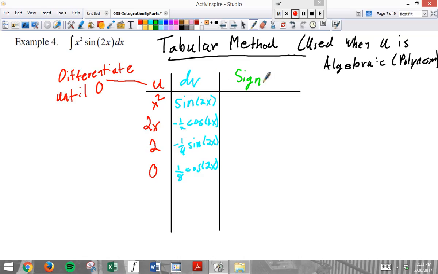So the idea here is, after you've done those two steps, we do something like a sign column: minus, plus, minus. It always alternates. It always starts with a negative.